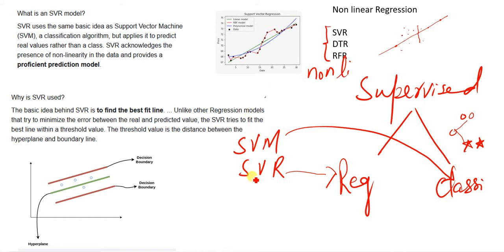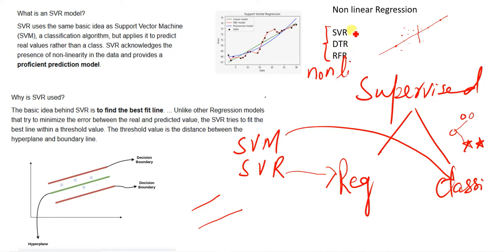While in this case, SVR or non-linear, we set a threshold or a boundary so that our errors cannot go beyond these boundaries, right? So for non-linear regression we use SVR, DTR and random forest regressor.